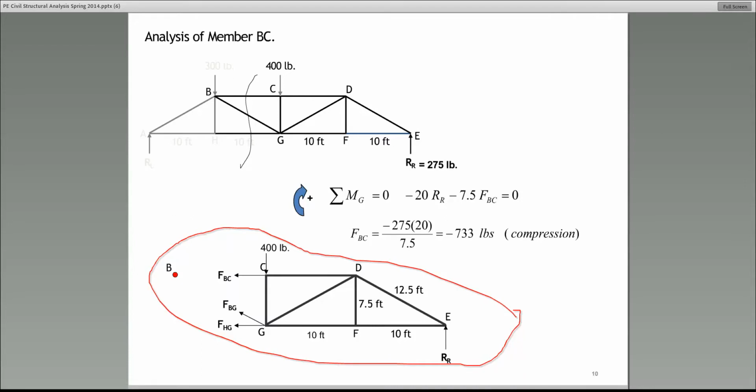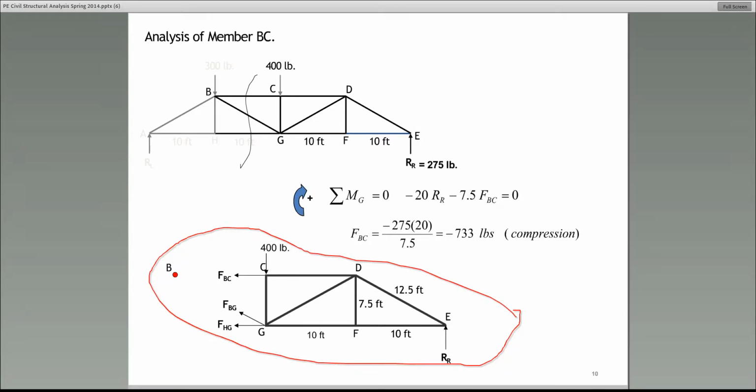However, there are a couple of things I need to tell you. In this case, since I'm using the segment of the truss to the right of the cut, there are a few things that you need to pay attention to. First of all, the members that you cut, you can't just go through life cutting truss members and just leave them hanging.